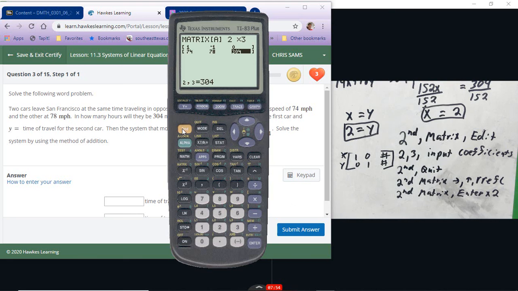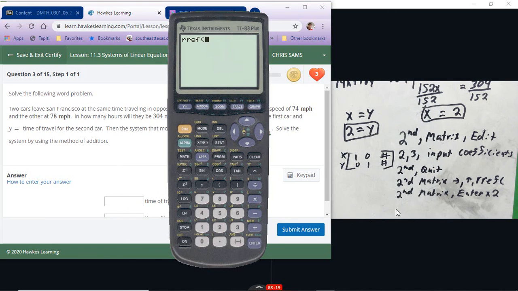Just about halfway through. Second, and then mode will quit. All right, and then second and matrix again. We're going to go over. So right here it says arrow over, and then we're going to start arrowing up till we get to RREF. Right there is option B, and then we're going to hit enter.